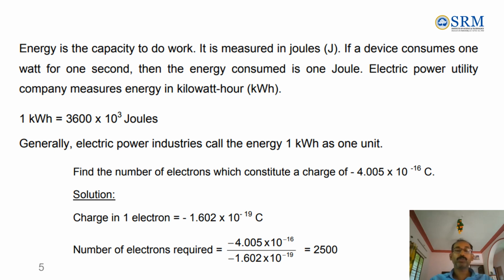It will be 2500. So you must be very clear in the relations between time and current, power and energy, and charge and electrons. With these conversions, you may have some MCQs in your test as well as in your university questions.